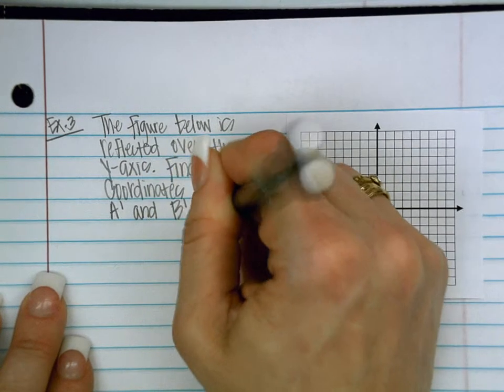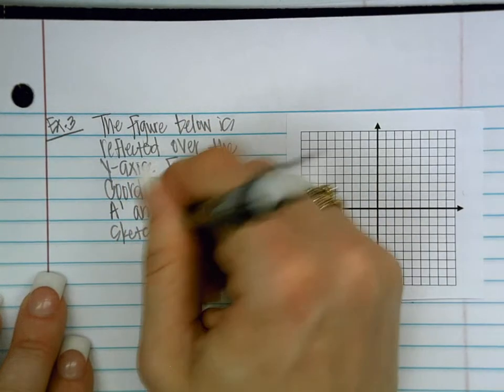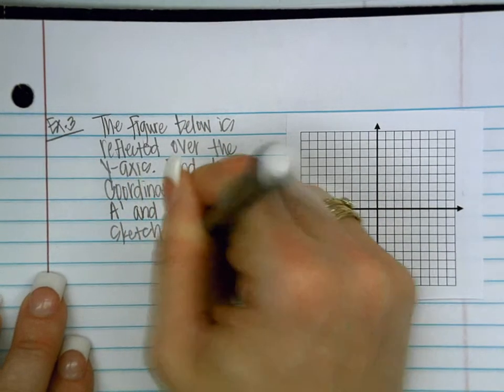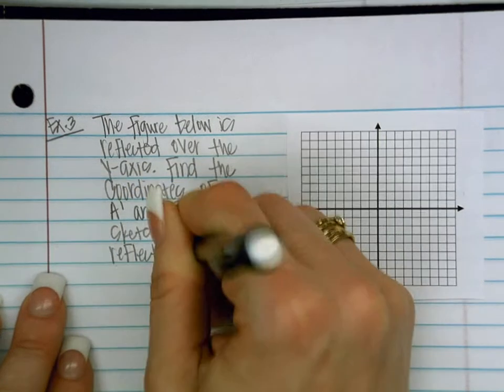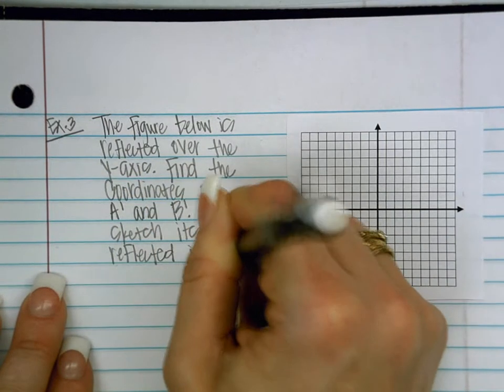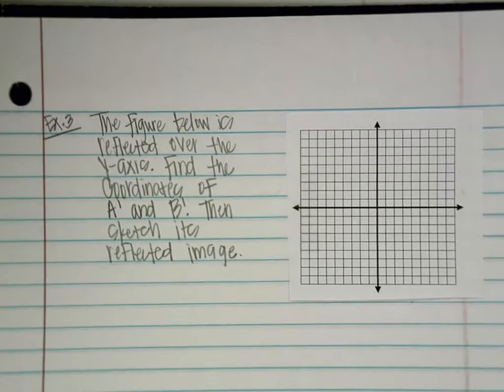Then sketch its reflected image. Okay, so write that down first, and then I'm going to draw you half of the picture.